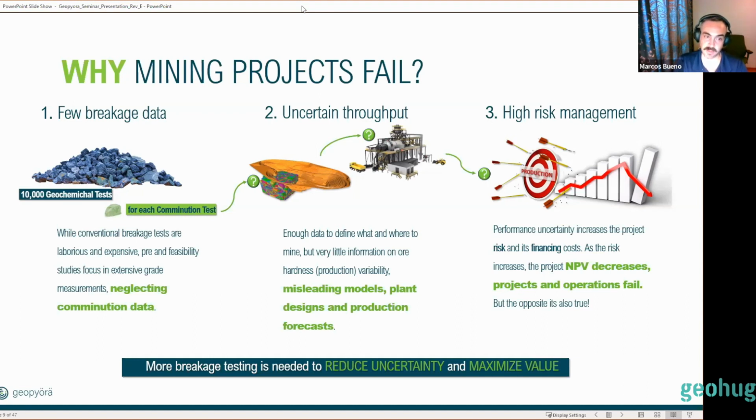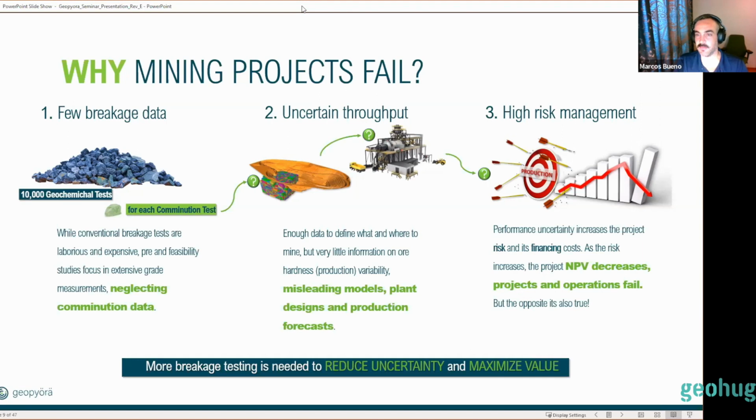Basically, we're looking at the ratio of how many samples were tested in the development of the feasibility study to understand the geological grade model, the resource model, and the tens of thousands of geochemical assays for one single comminution test, which is a huge discrepancy.